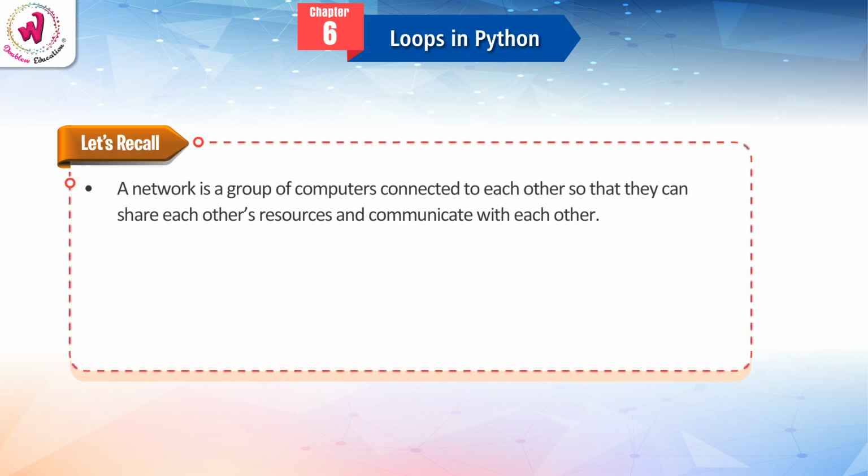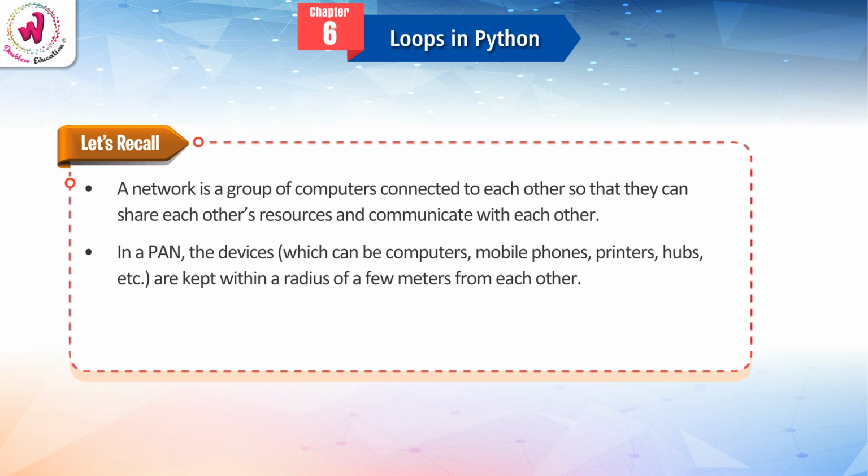Let's recall. A network is a group of computers connected to each other so that they can share each other's resources and communicate with each other. In a PAN, the devices, which can be computers, mobile phones, printers, hubs, etc., are kept within a radius of a few meters from each other.